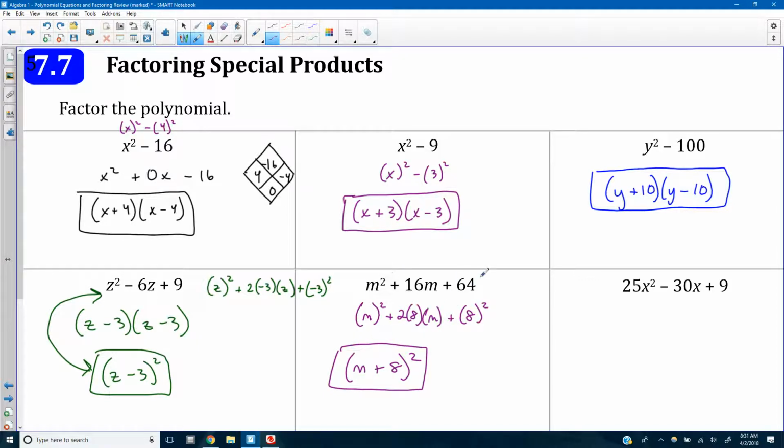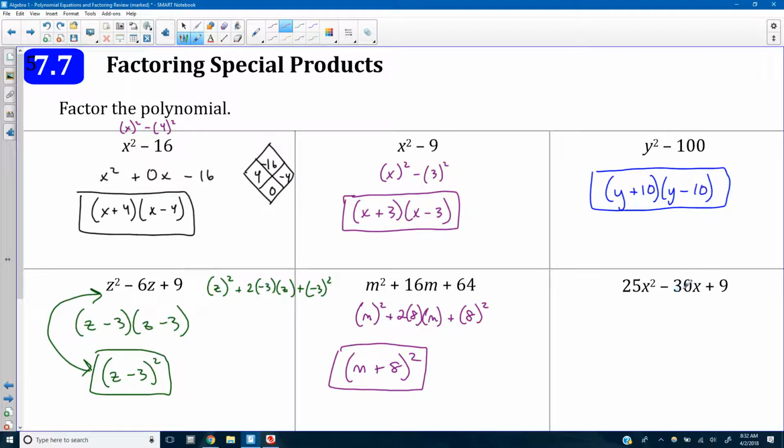You got to recognize the perfect squares involved, though, in the front and back. So in this last problem here, I do recognize once again that there is a perfect square up here. That's 5x squared. That's 5x that's being squared. And this is a 3 that's being squared. Now, one of these will have to be negative because this is negative here. So if this is 5x squared, and say this was negative 3 squared, is this double the product of 5x and negative 3? 5 times negative 3 is negative 15.